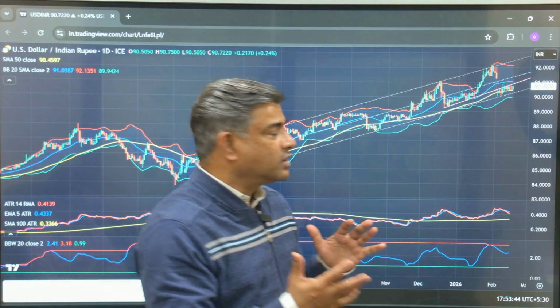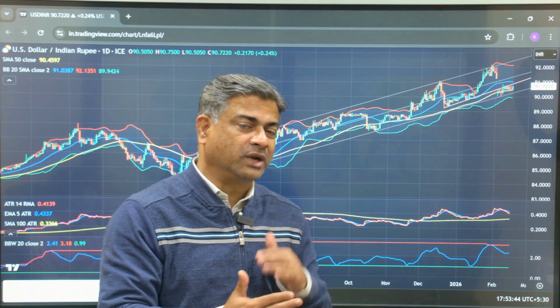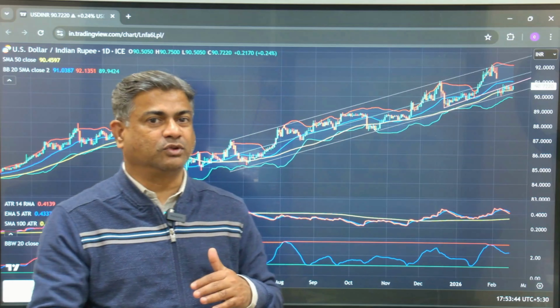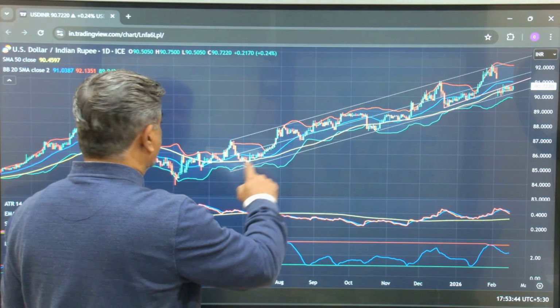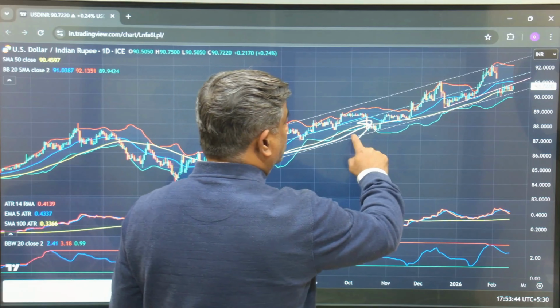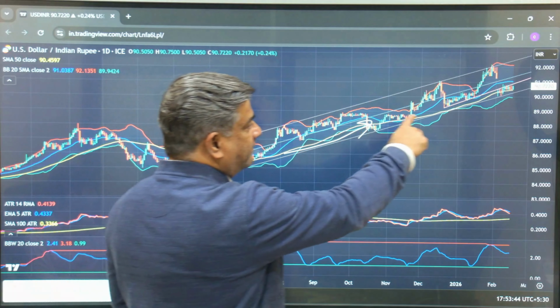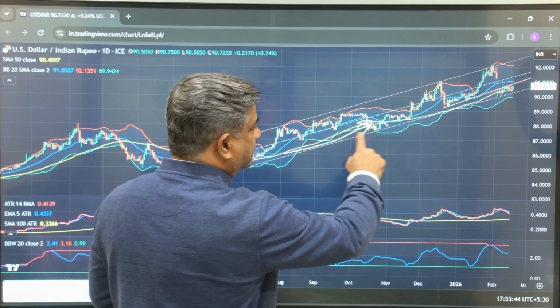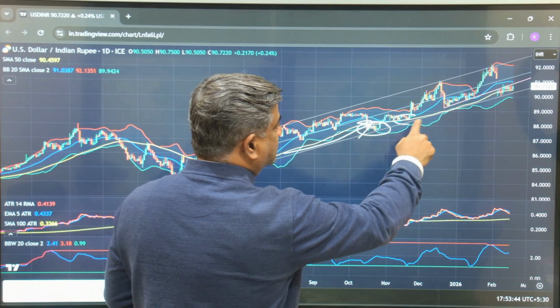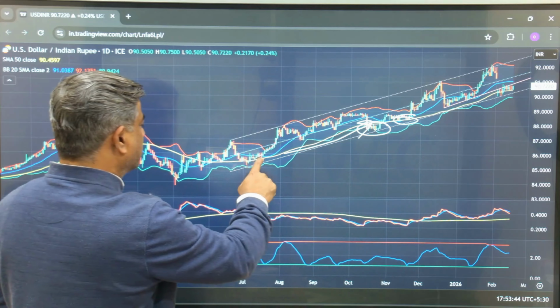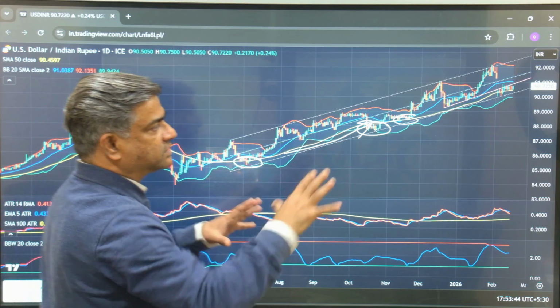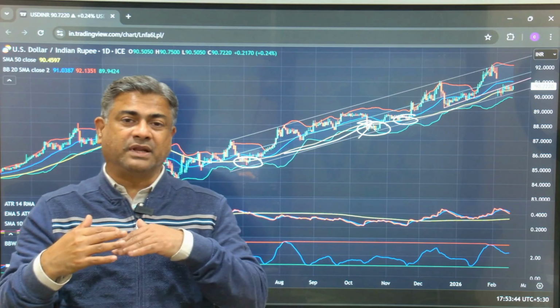So what can dollar importers do? Let me come to dollar importers first, then I'll come to the dollar exporters. If you look at the 50-day moving average on this daily chart, this yellow line, we have seen that historically this line is a good support indicator. Multiple places it has acted as good support. That means the dollar touches this line, probably remains there for a while and then goes higher.